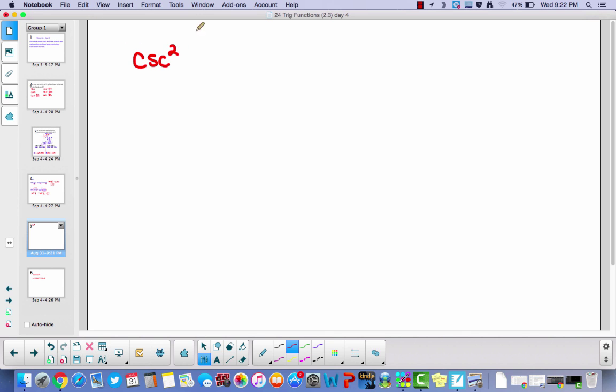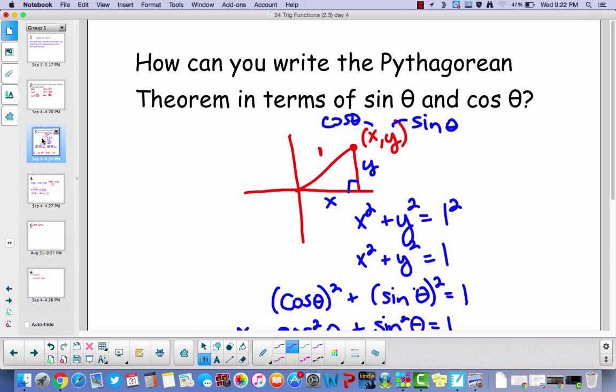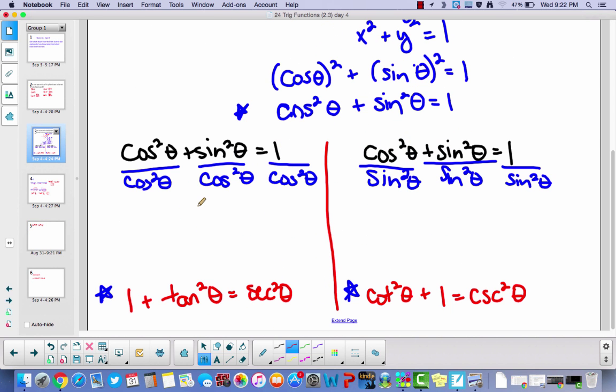Cosecant squared of 42 degrees minus cotangent squared of 42 degrees. That is not one of those trig identities exactly, but can we do any manipulation with that? Take a look at this one. It involves cosecant and cotangent. So it must be something along those lines.